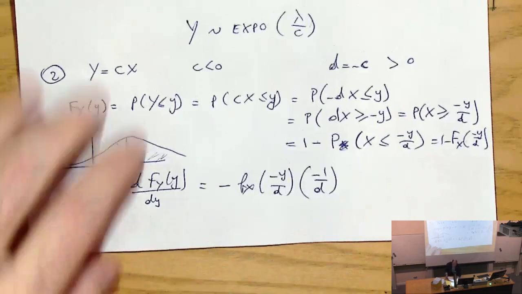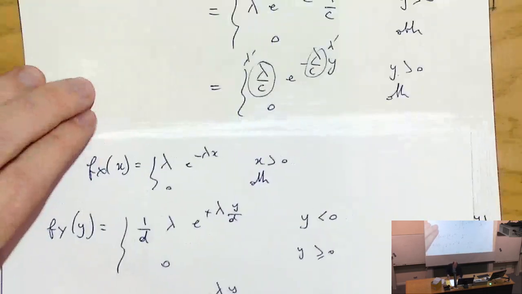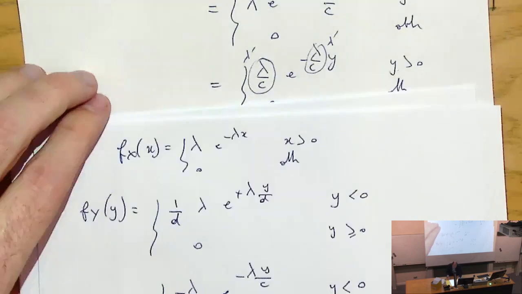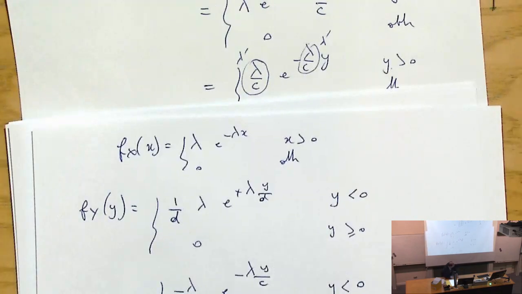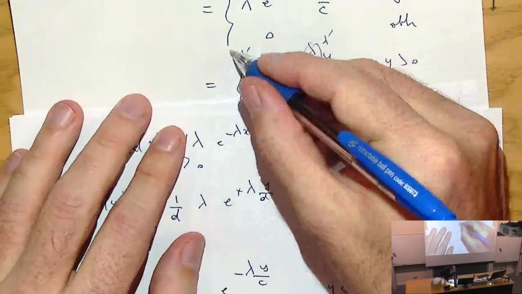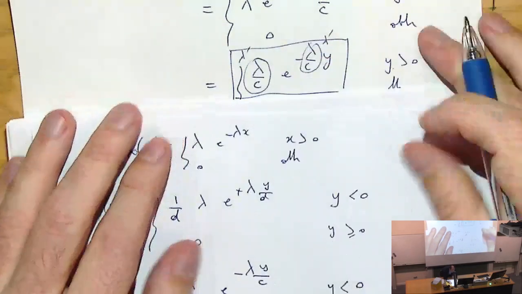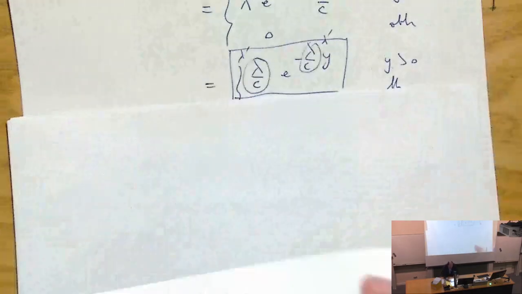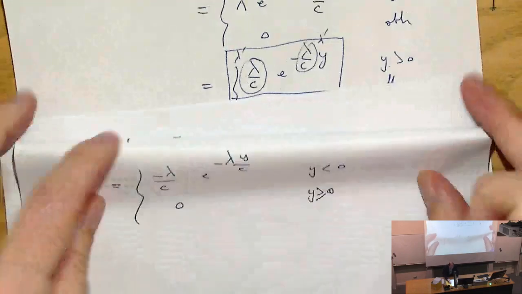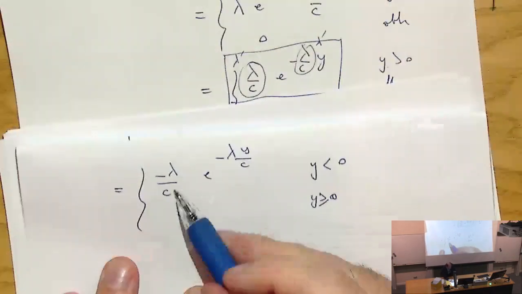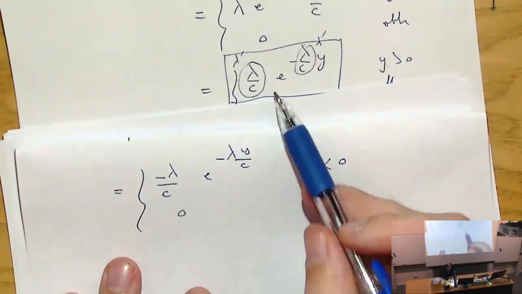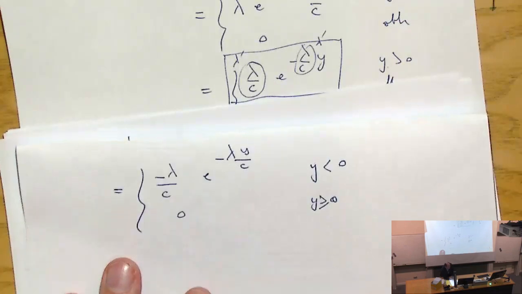Right? Now, if you compare those two, you have this one here, right? And you have this one here, right? The difference between this and this is just that I have a minus here.